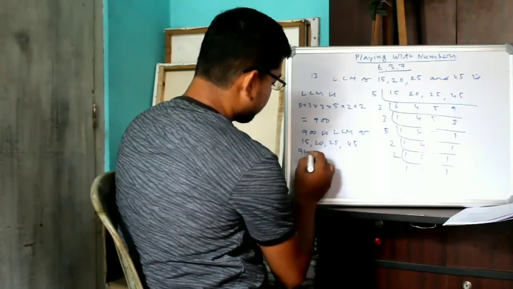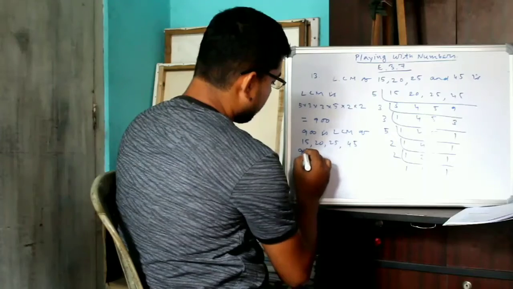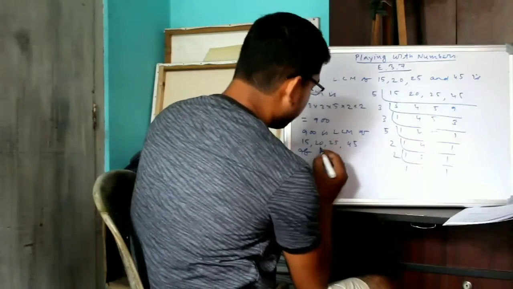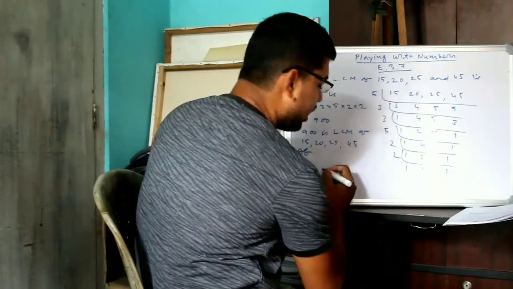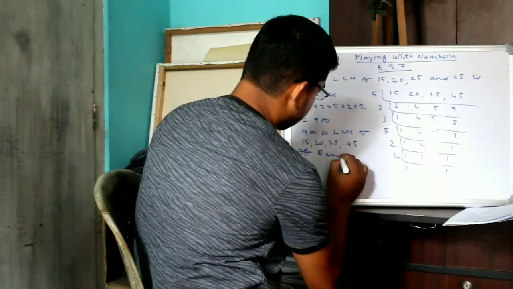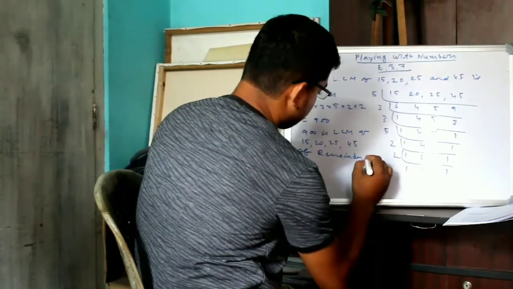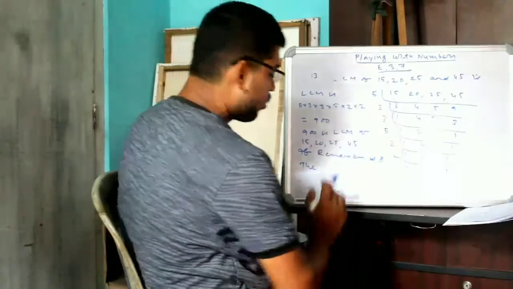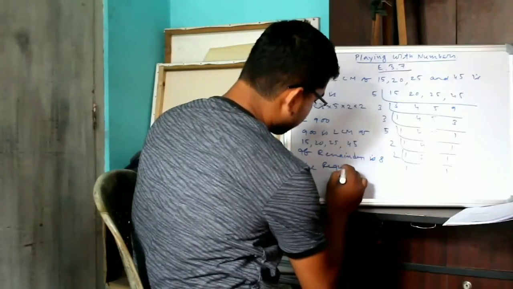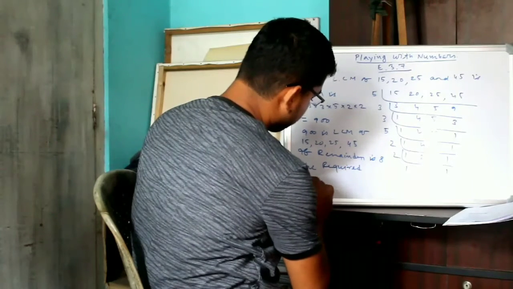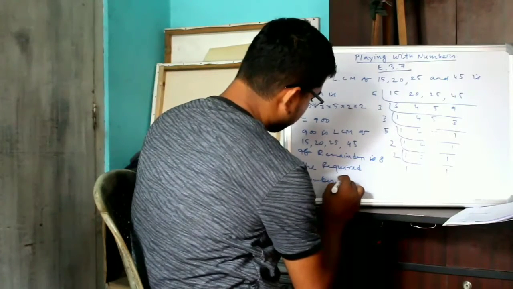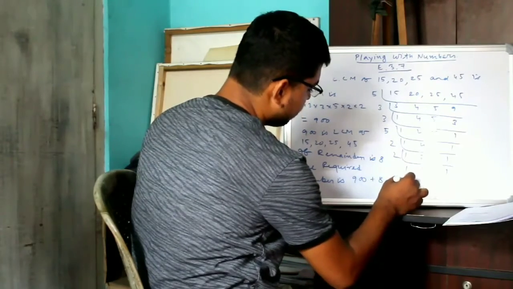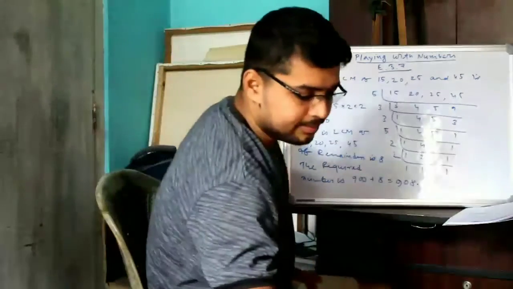If the remainder is 8, then the required number is 900 plus 8 equals 908. So this is the answer.